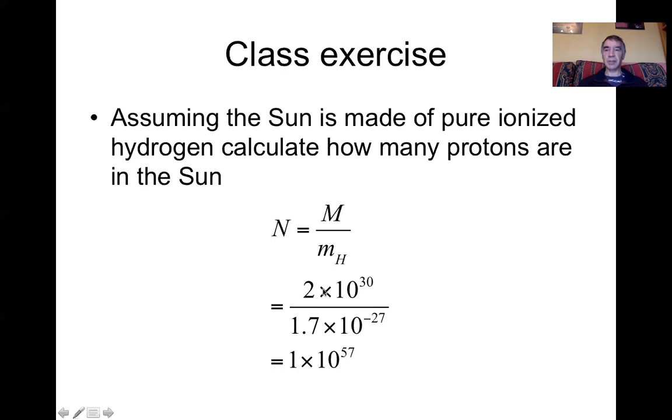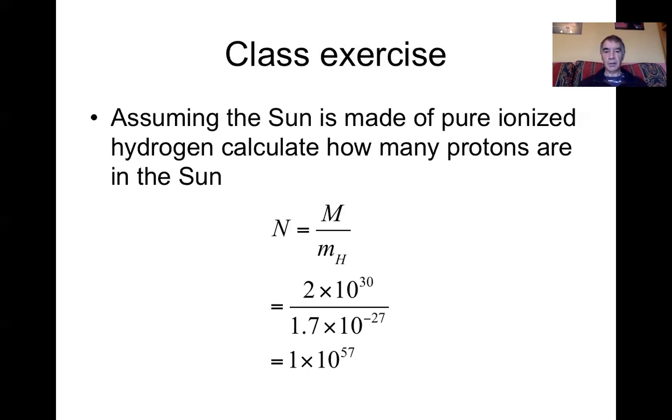If it's given to just 1 significant figure, like here, then quoting the answer to 1 significant figure is the right thing to do. If it's quoted with 2 significant figures, then quote 2 significant figures in your answer. Please don't quote the 8 decimal places that your calculator gives you, because that accuracy is not justified by the input information. So that's a good habit to get into.